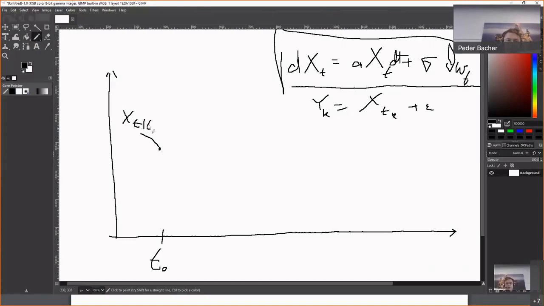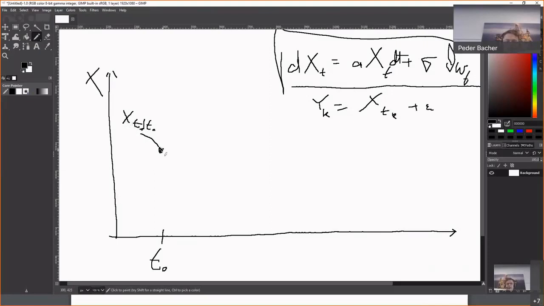So here at time t, given information up to t0, we need some starting initial condition of our state. So we say we're here. So this is the value of x.